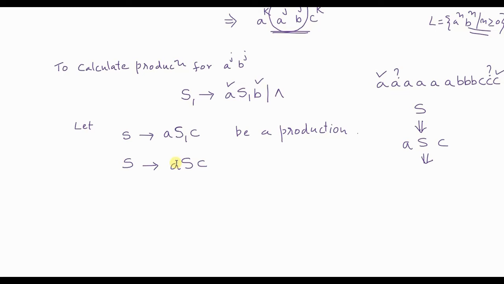So again I have an option of replacing this S with either AS1C or ASC. If I replace it with AS1C, there will be another pair of A and C matched. But how many pairs of A and C are remaining to be matched? For 2 A's, I want 2 C's to be matched. So I cannot go for this replacement, I will have to go for the other one.